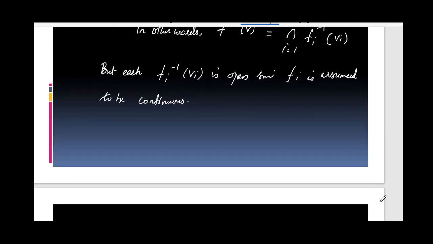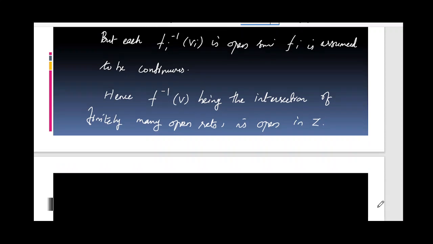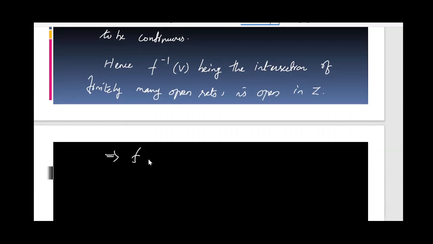Hence, what are you having? f inverse of V, being the intersection of finitely many open sets, is open in Z, which implies f is continuous, hence the proof.